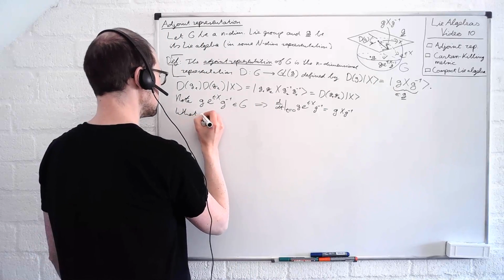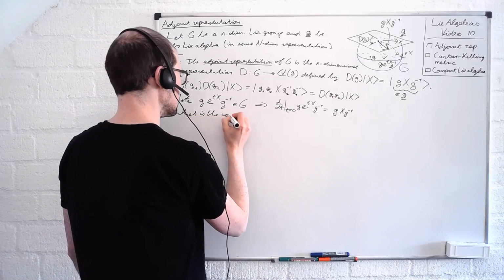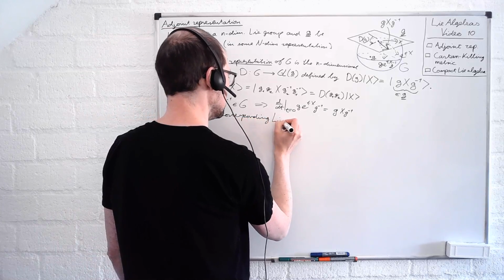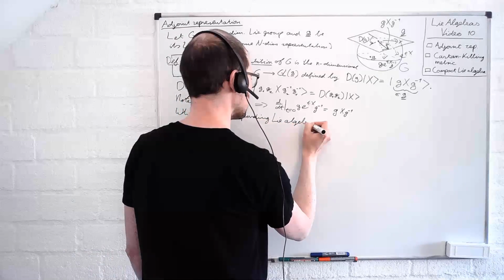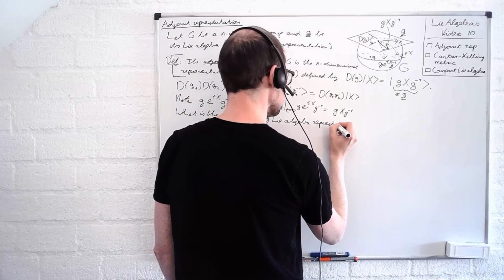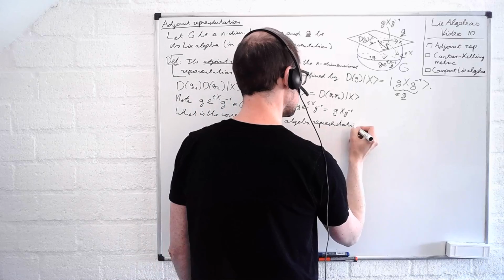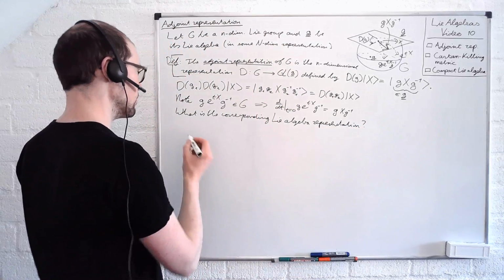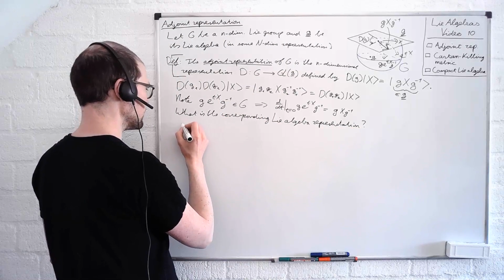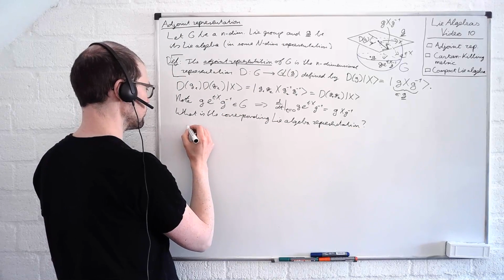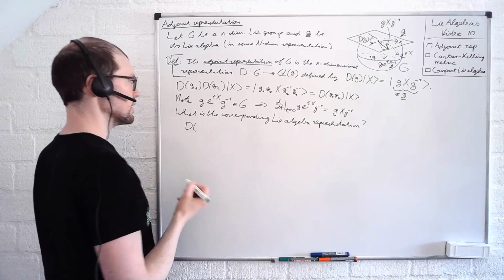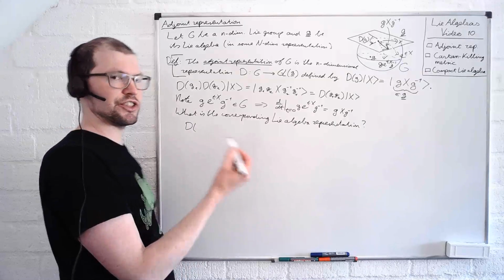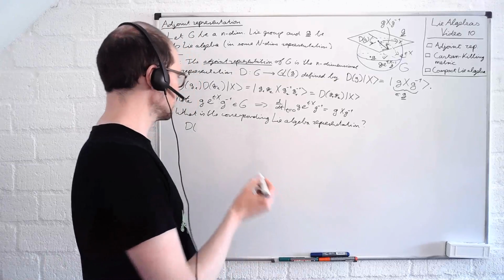So what is the corresponding Lie algebra representation? Well, we know from the third lecture that in order to determine this, we have to take some parameterization of the Lie group.